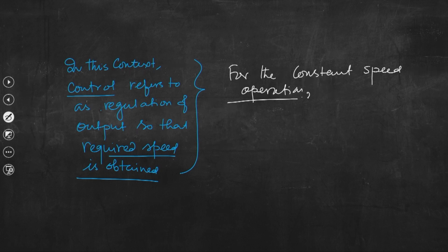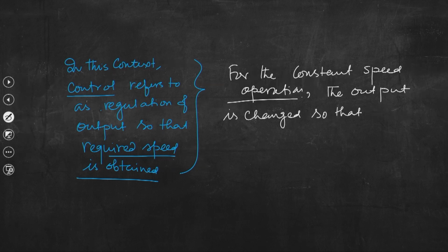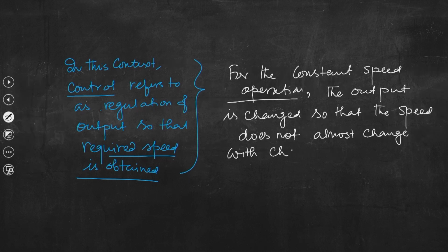For the constant speed operation, the output is changed, so that the speed does not almost change with change in external power requirement.